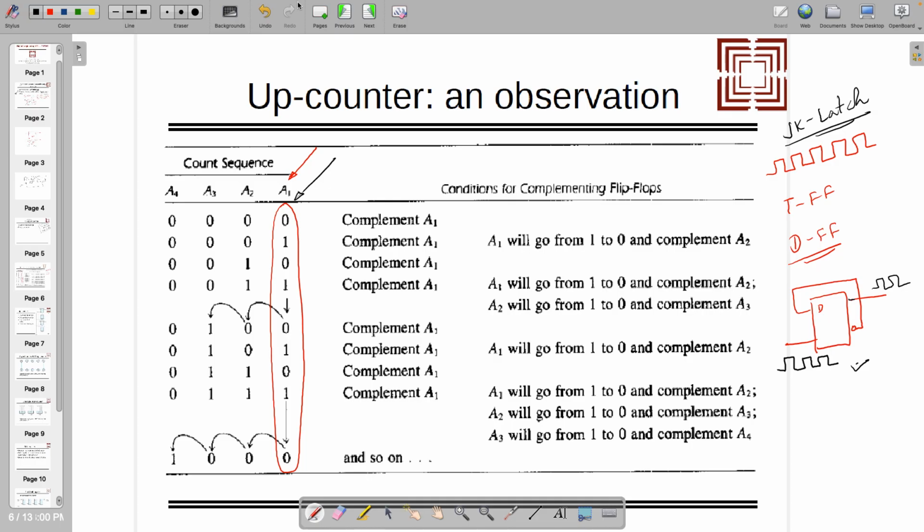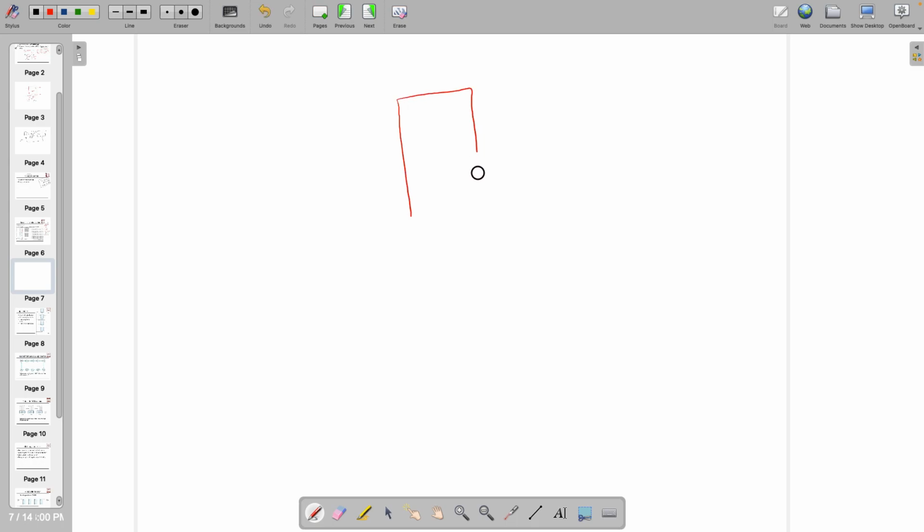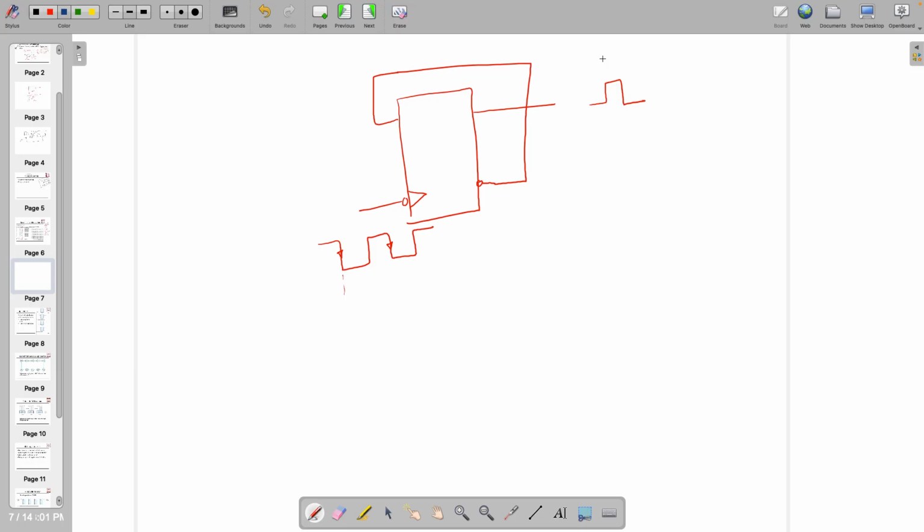Now we also learned that whenever there is a 0 to 1 transition, this is going to happen. Same way, if this is going from 0 to 1, then also this particular diagram is true. You agree with this one? The only thing is the oscillations will start when there is a negative edge.